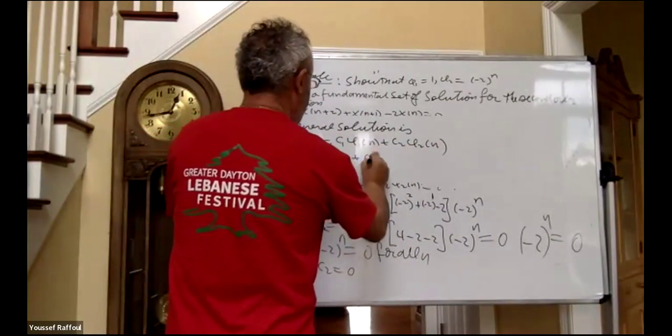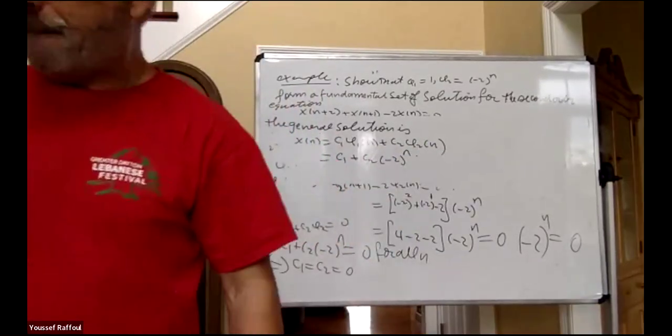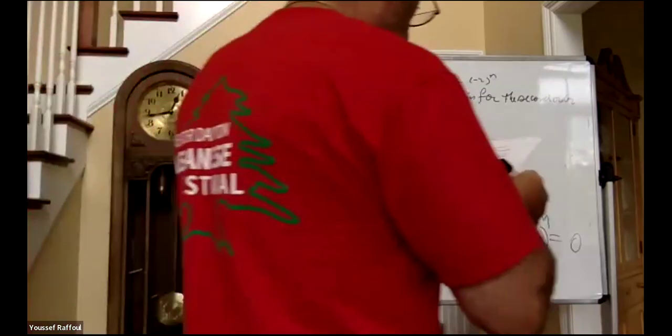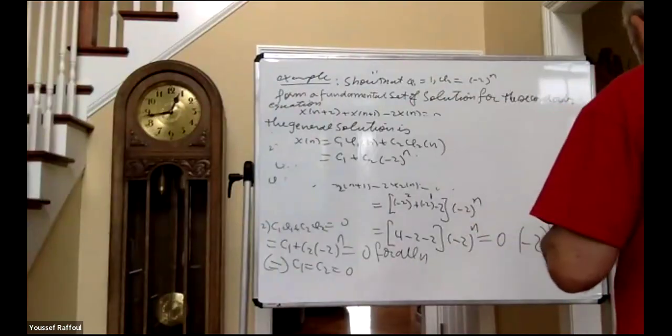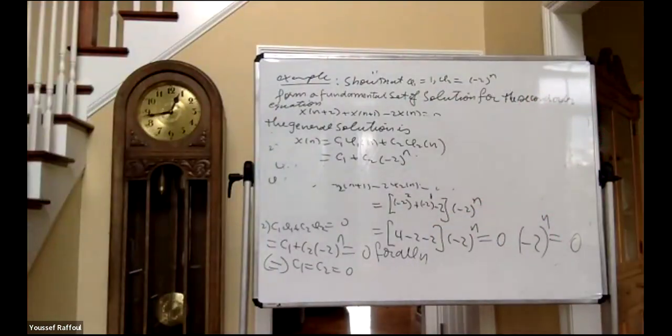That is C1 plus C2 times minus 2 to power n. Okay? All right, any questions?